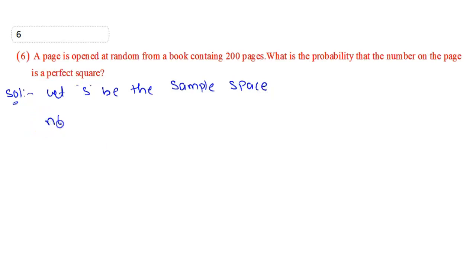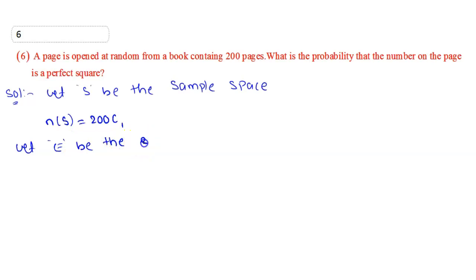And n of S is equal to, here a page is opened, in the sense we need to take one page, right? So I am taking n of S is equal to 200C1.